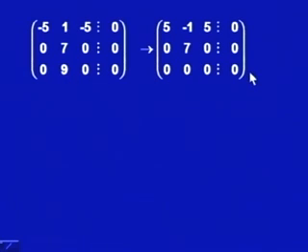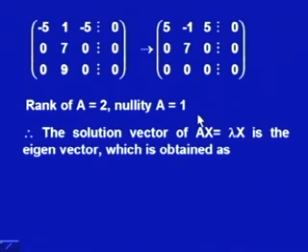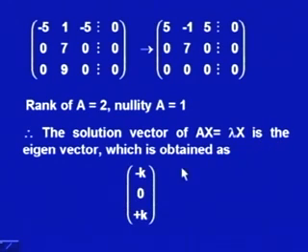So one row becomes 0 in this augmented matrix, and by this we can say that the rank of the matrix A is 2, and from the rank nullity theorem, nullity is equal to 1. That means the solution vector of A x equal to lambda x, the eigenvector, can be obtained as minus k, 0 and k.